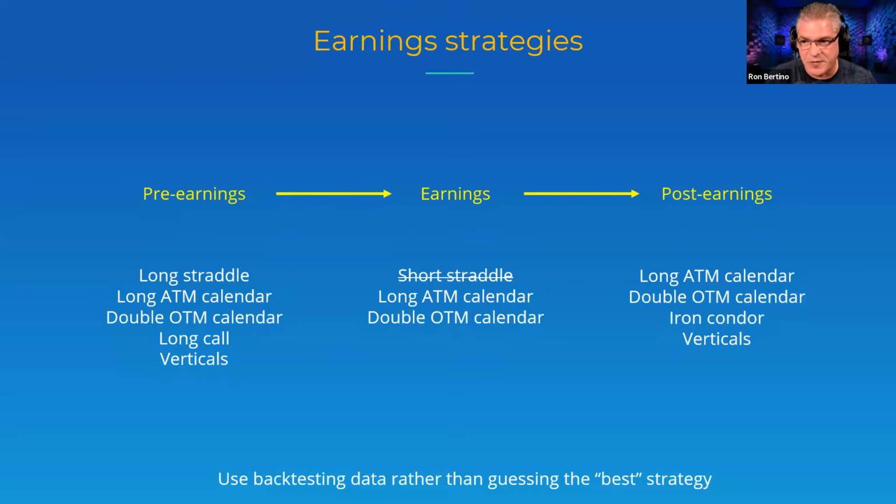Now, as I've mentioned to you before, you've got 3 broad categories. You've got pre-earnings, you've got earnings, and you've got post-earnings. I consider this middle piece here to be far more on the gambling side of things than the trading side of things. But there are still ways to do that more from a quant or data perspective.